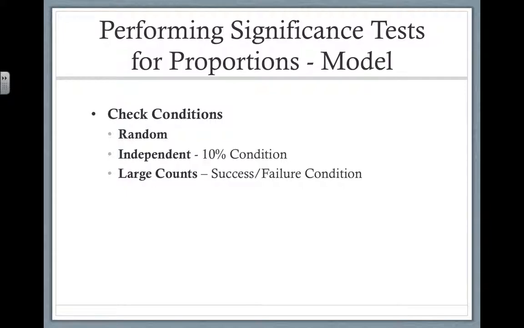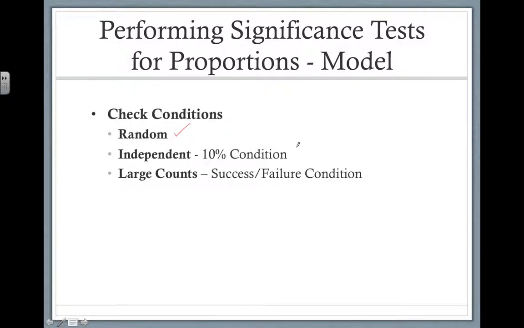That means we're looking to see if it's normal, so we check our conditions: the random condition, the independence assumption, and the large counts, or success-failure, condition. For our basketball problem, it's obviously random because it said it was an SRS of 50 free throws. So that part is good.